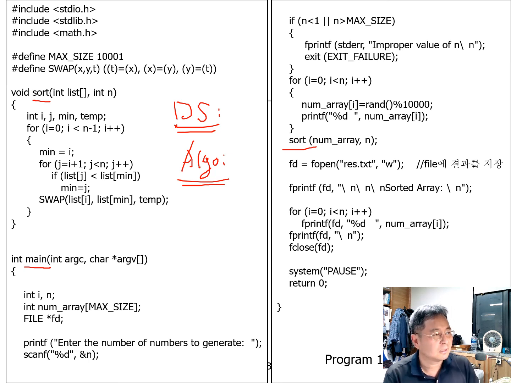So the sort function here is one algorithm used in this program. And what is the data structure? Okay, so you must look at where the data is stored.